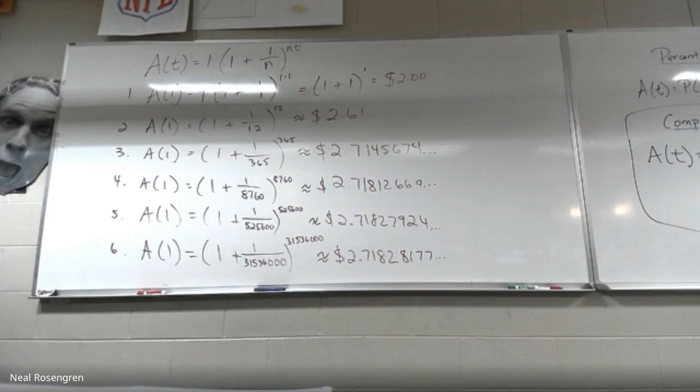Now, what's happening is n is getting huge, really, really big, really fast. But the answer that we get from that is not getting as big. It's actually slowing down how quickly it's growing. And you'll see that, and I'm going to show it to you, this number levels off. And it gets to a point where it can't get any bigger.